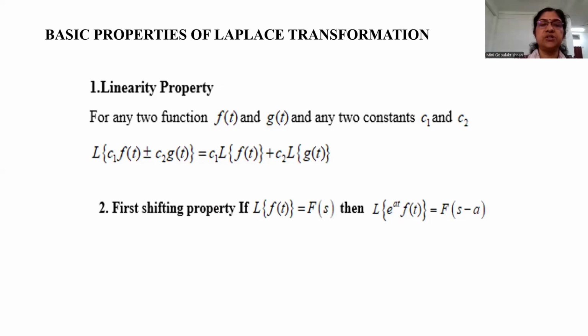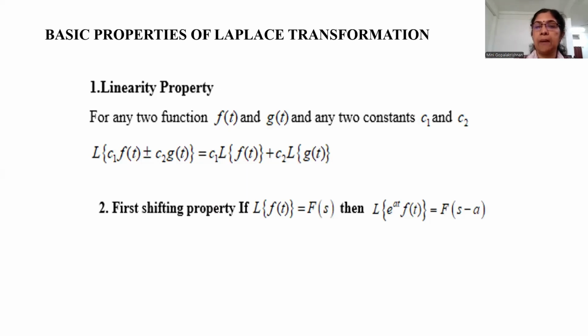Now we come to the first shifting property. If L of f of t is equal to F of s, where f of t is a real valued function, when you take the Laplace transform of the real valued function, you get it to the frequency domain. So it gets converted to F of s. Now, L of e raised to at into f of t. e raised to at is an exponential function which is multiplied to the real valued function.